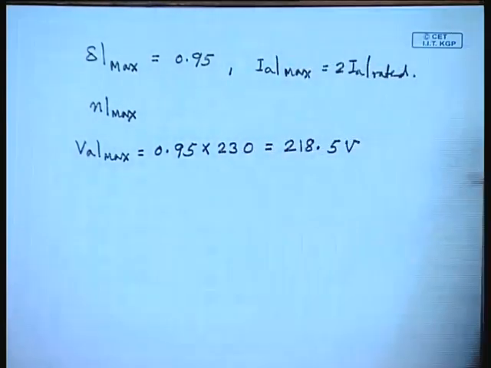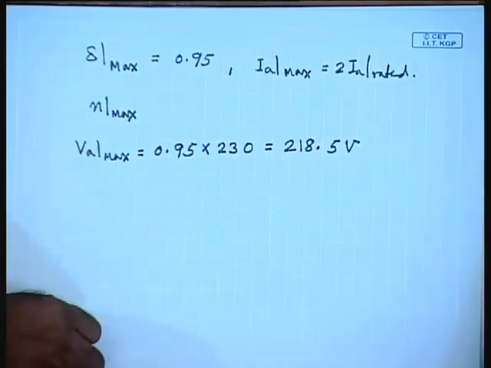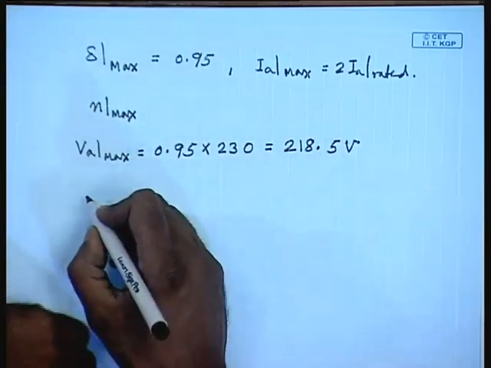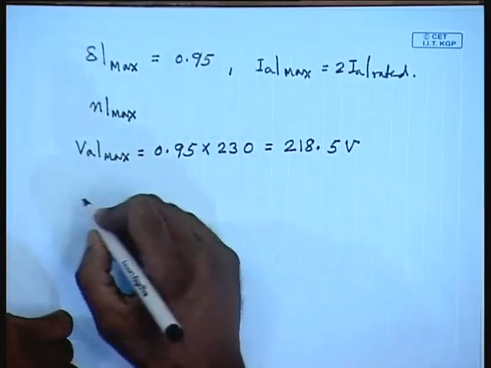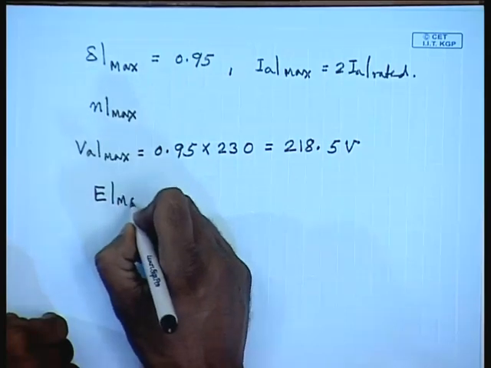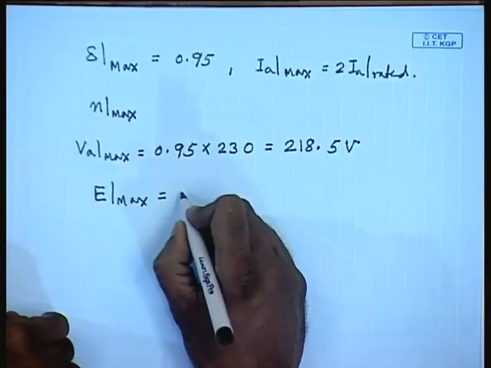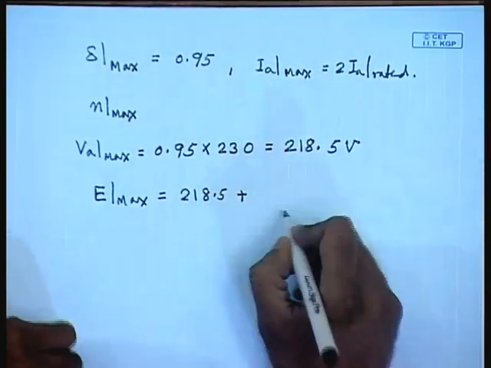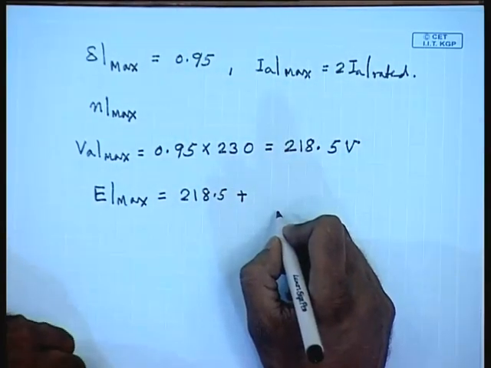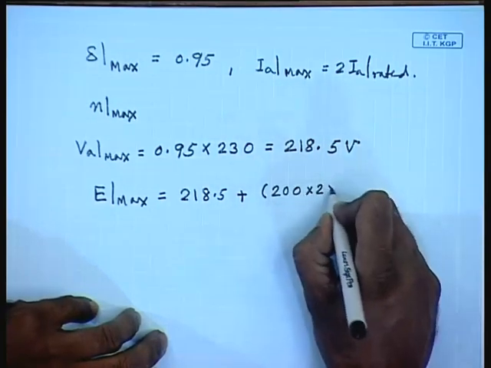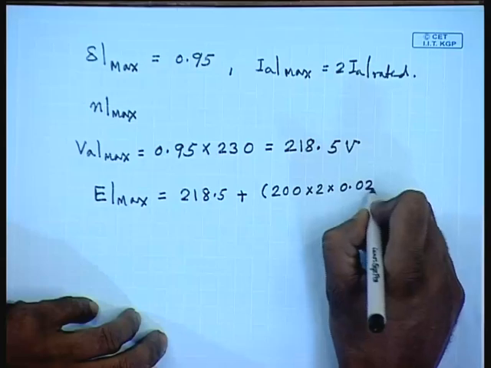Please note that the speed in the regenerative braking mode is higher than in the motoring mode. Therefore, maximum N will occur in the regenerative braking mode. In that case, the current will flow out of the motor terminal. So, E max equal to V max, which is 218.5 volts plus maximum armature current, which is 2 times the rated current of 200, into armature resistance.